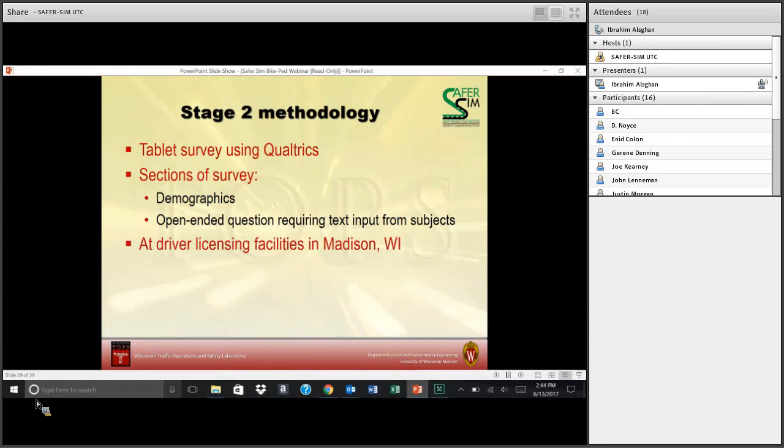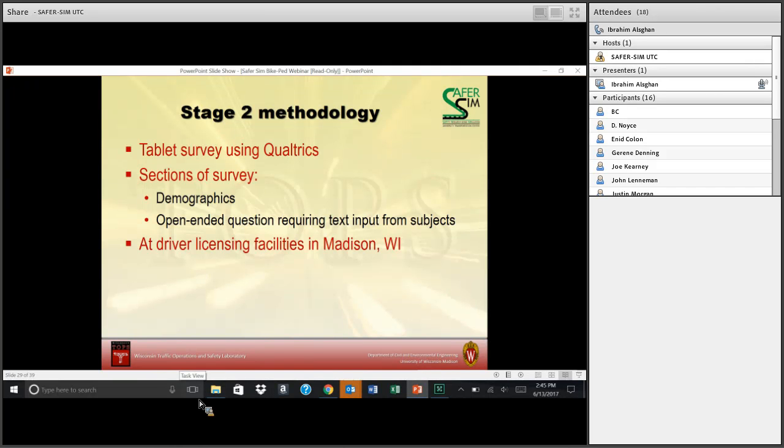So now let's talk about the methodology of stage 2. From these 4 designs, we selected 2 designs, design 1 and 3, and we tested again.